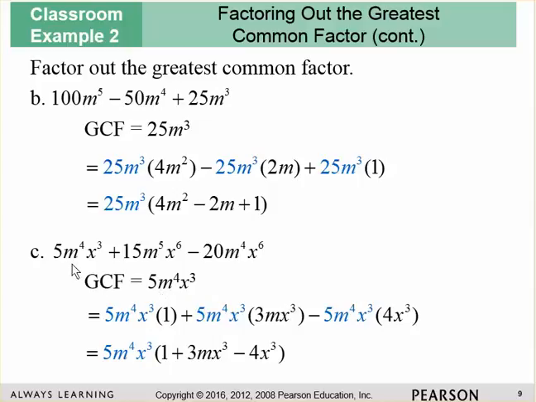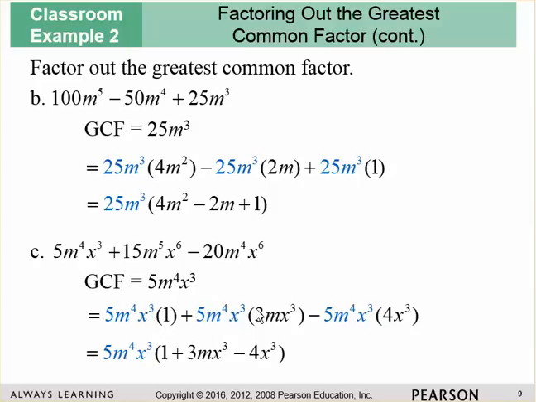M-wise, we've got m to the 4th, m to the 5th, m to the 4th. M to the 4th is our winner here. And then we have an x cubed, an x to the 6th, and an x to the 6th. Notice that these 2 terms are not like because our m terms don't match. So the largest we have here is an x cubed.